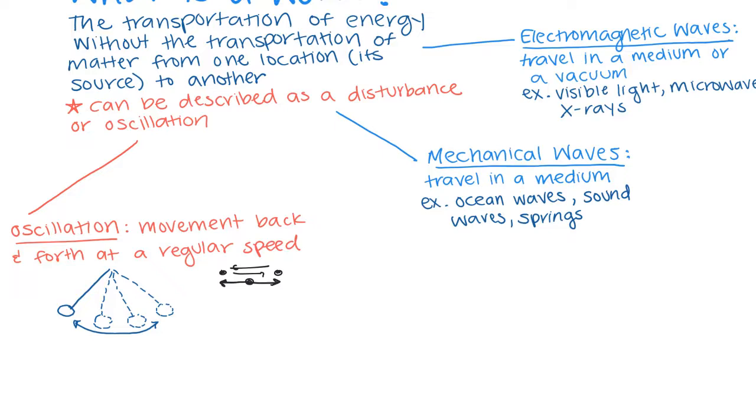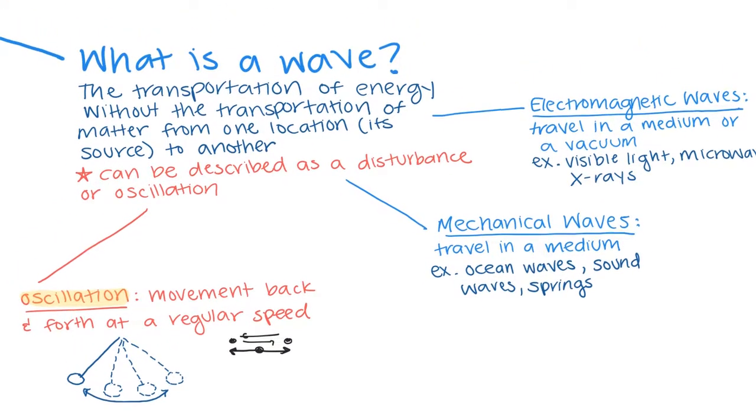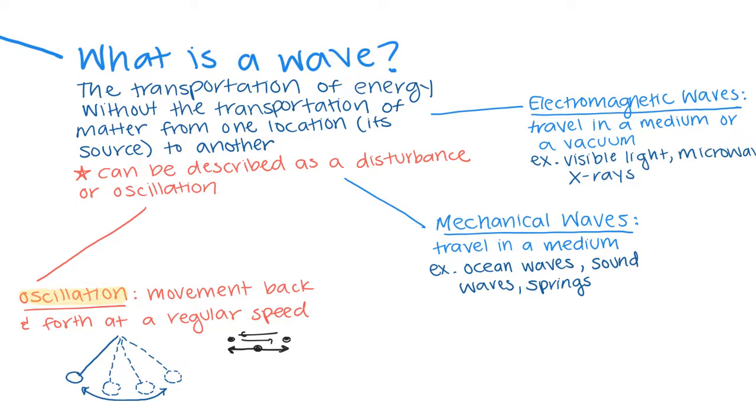And I will highlight that also. So that's one of our vocabulary terms for today. Okay, and then I will also scroll up and highlight this part because this is our wave definition about what a wave is.